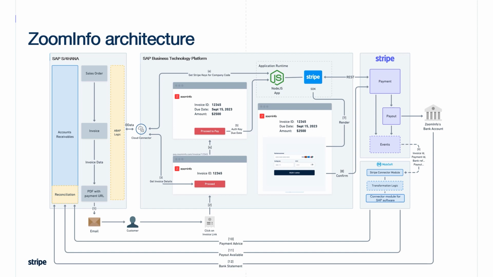When the customer is ready to make the payment, he or she is going to click on the link that is going to launch an internet-facing web UI application that is ultimately designed using the Business Application Studio on SAP Business Technology Platform.